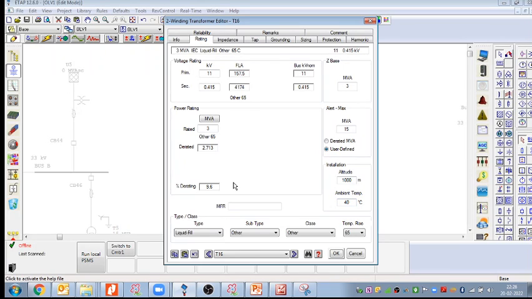Yeah, a huge change. 9.6% of the rating is reduced. Every 1 degree increase in temperature reduces equipment performance by 1%. That was the statement. No, we have to discuss this with the equipment supplier only.